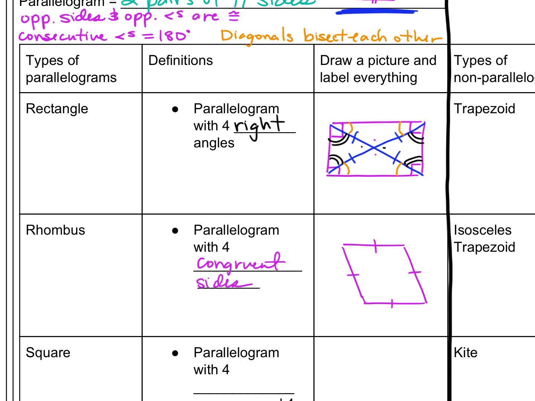Opposite angles are bisected by our diagonals. That was one of them. So if I draw my diagonals in, diagonal here, diagonal here, yes, opposite angles are bisected. So that means all four of these angles have to be the same. Okay, but it also means all four of these angles have to be the same.